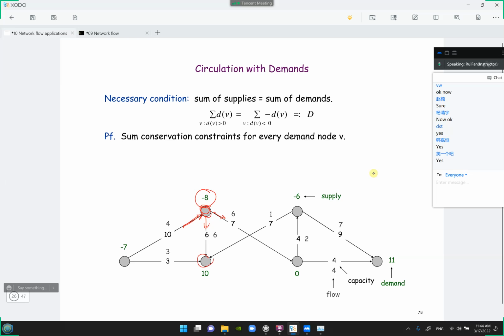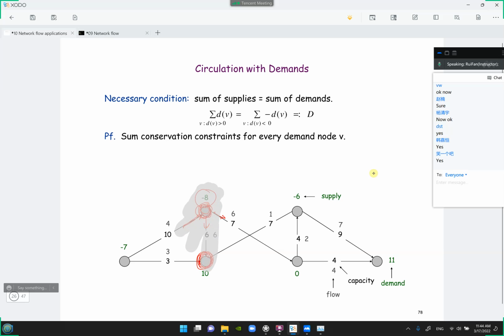Nodes with positive values want to take in additional flow. These are like sinks. And the nodes with negative values are like sources. They produce flow. Maybe this node here with a 10 is like a country consuming oil, and this node with a -8 is like a country that produces oil. So you can think of it that way.